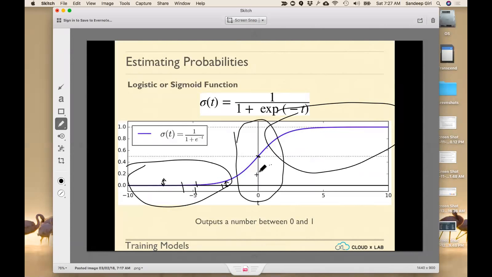But for other values in this boundary, it's a bit fuzzy. If this region becomes thinner and thinner, that's the core idea behind having a good logistic function.